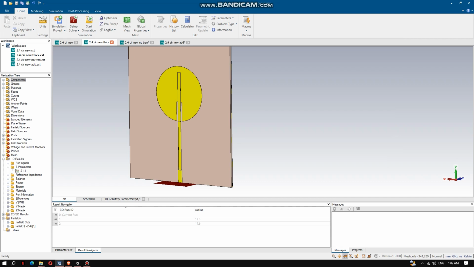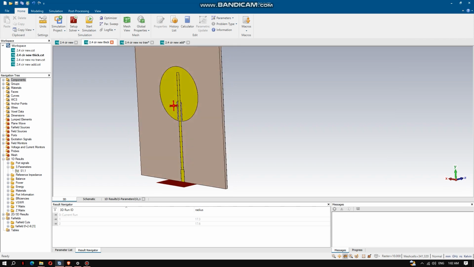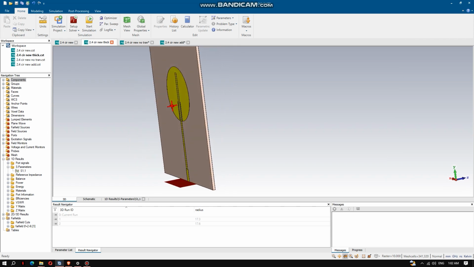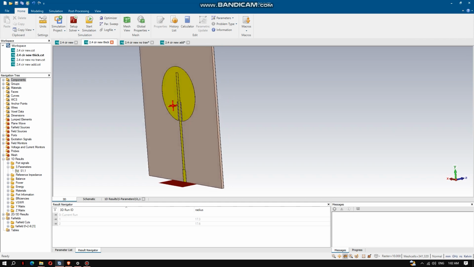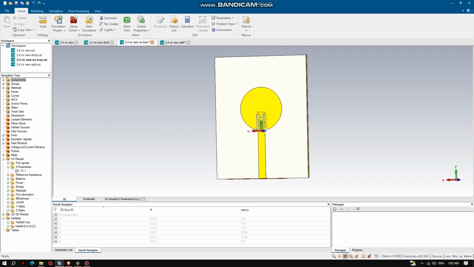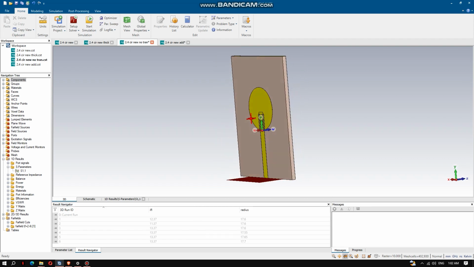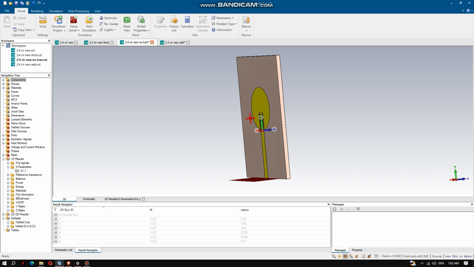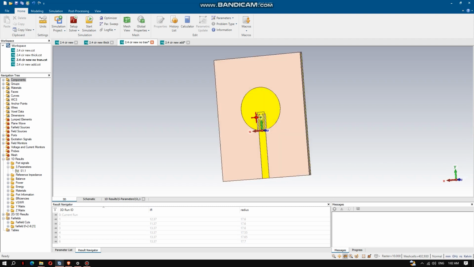In the first scenario, we design the microstrip patch antenna with a 1.6 mm substrate thickness of the dielectric layer, and we put a transformer in the feed line. For the second scenario, we design the antenna with a 3.2 mm substrate thickness of the dielectric layer, but we did not put a transformer in the feed line.